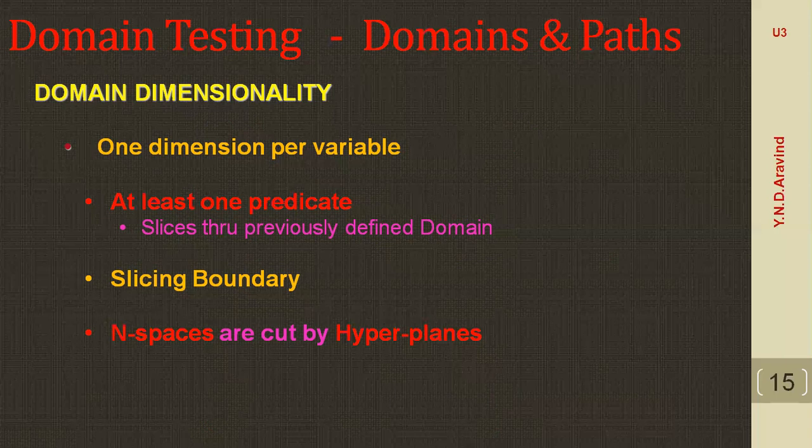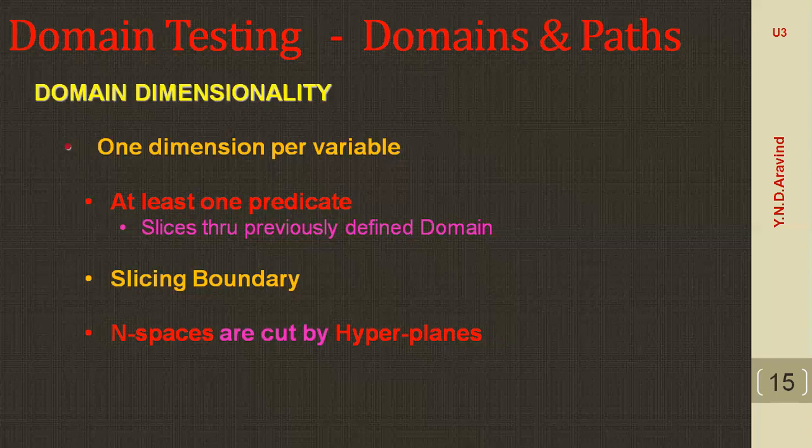For two variables, the domain is planar. And for three variables, the domain is solid. One important thing to note is that we need not worry about the domain dimensionality with the number of predicates, because there might be one or more boundary predicates.